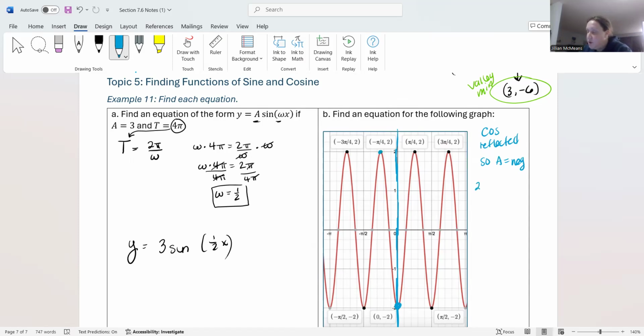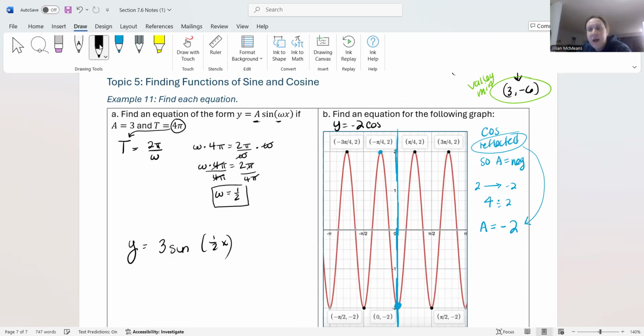So to go from 2 to -2, that's 4, and half of that would end up being my amplitude. So divide that by 2, and I can say that A is -2. Negative because we reflected, and then 2 for the actual amplitude. So we know that much so far. So right off the bat, I can say that we have y equals -2 cosine.